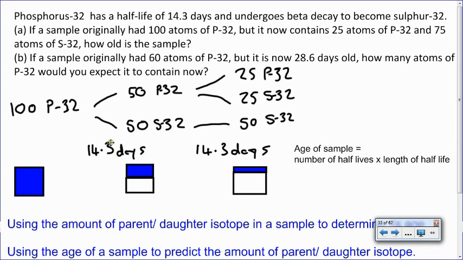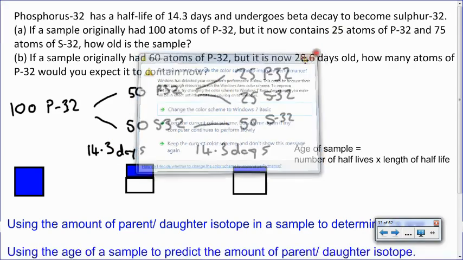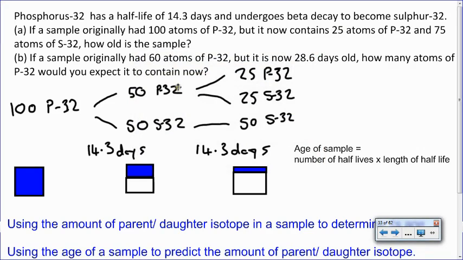And we know that one half-life, represented by these arrow lines, is 14.3 days. So going back to the question, it tells us we're looking for 25 atoms, so we keep doing this decay process till we reach 25 atoms. So here, remember that the phosphorus is the only radioactive isotope, so that decays again, and the sulfur 32 stays as it was.